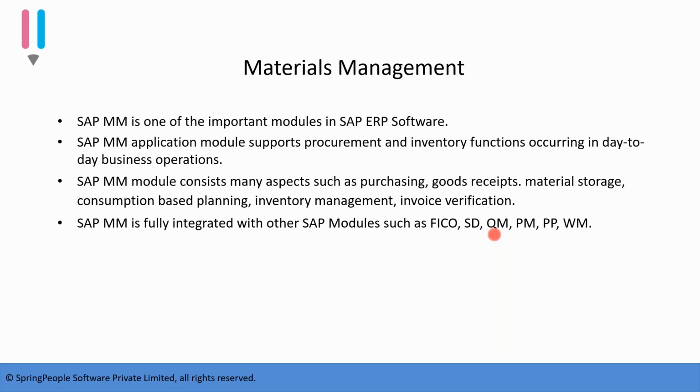When this inspection lot is created, the quality department will perform those tests. These are pre-configured, predefined tests. They will come up with the test results and compare them with their reference values. If those quantities fulfill the requirement, then they will say these materials are good to be used or good to consume.